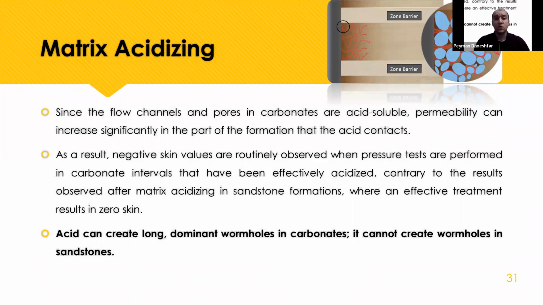So we can improve the production. As a result, we can see a negative skin factor. Yes, I told before, in a carbonate formation, if our acidizing job is good, absolutely we can get a negative skin factor.